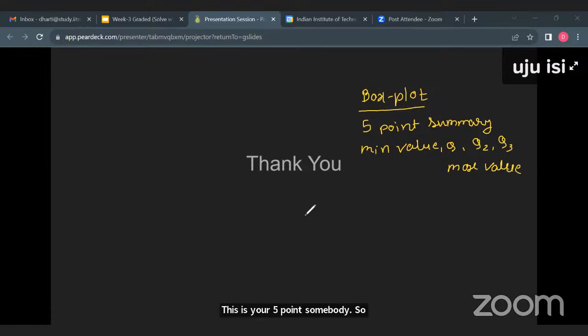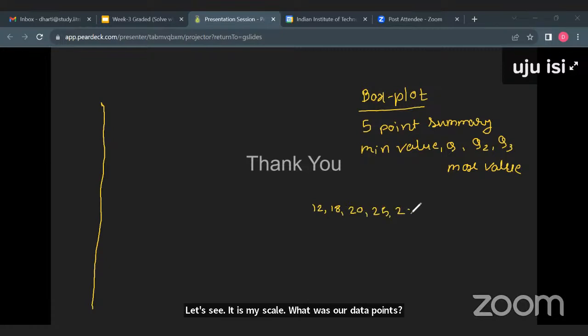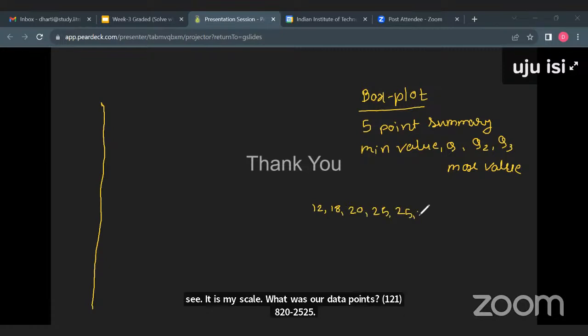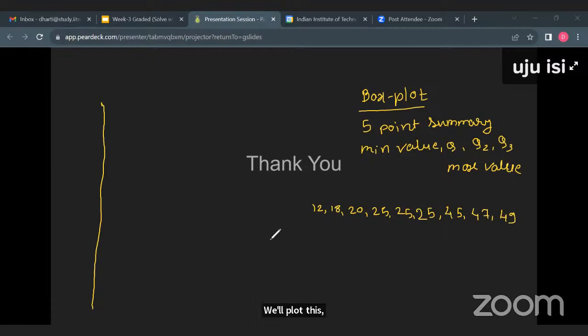So in a box plot, we need one scale. We can put our data points, what we have studied, on it. Let's say this is my scale. What were our data points? 12, 18, 20, 25, 25, 47, 49. We'll plot the box plot for this. What is the minimum value here?